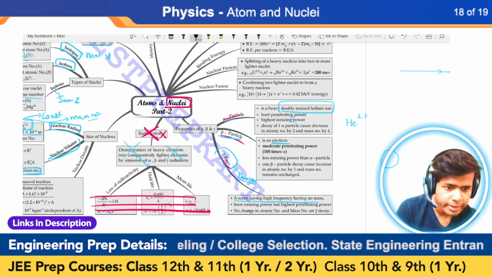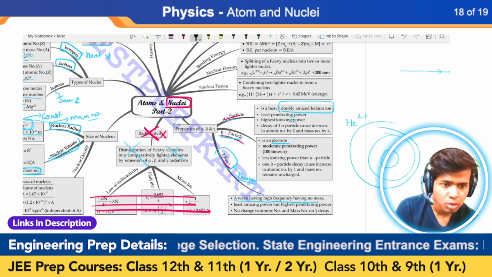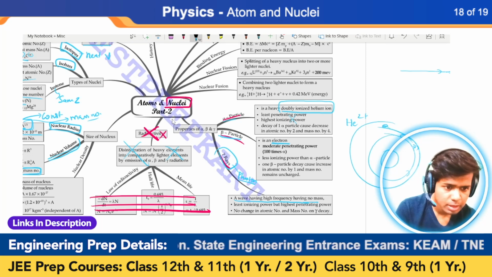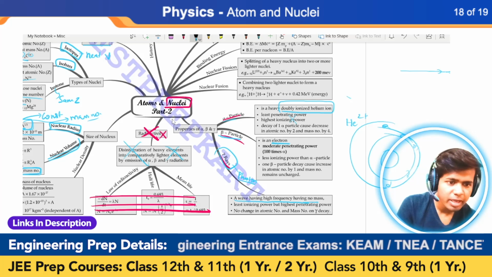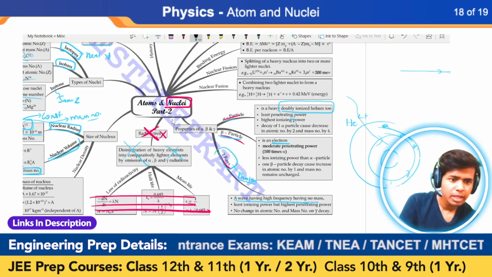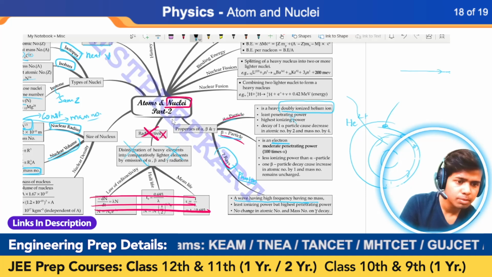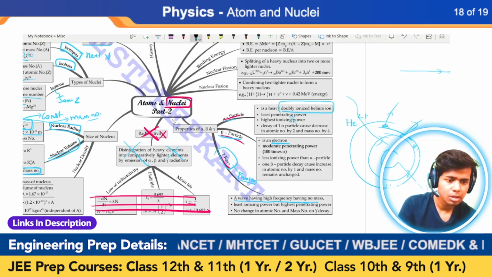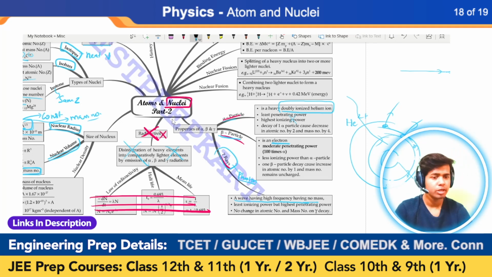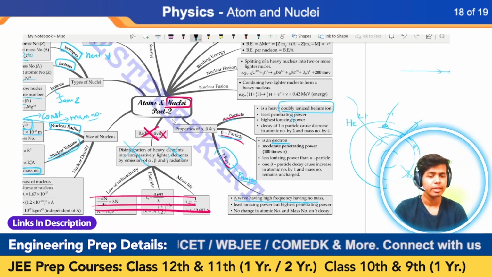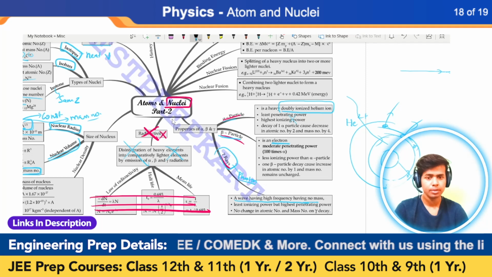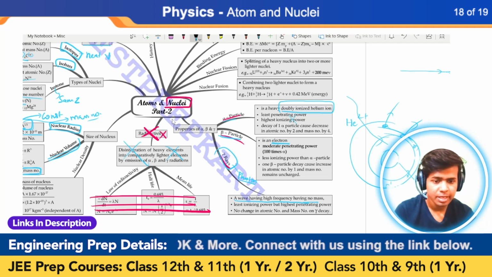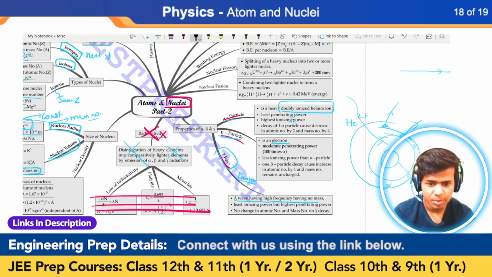Let's say an atom is there having a certain number of electrons. If a gamma ray strikes this atom, it will most probably knock out many of the electrons and ionize the atom. That is why this type of ray is called ionizing radiation, having ionizing power.